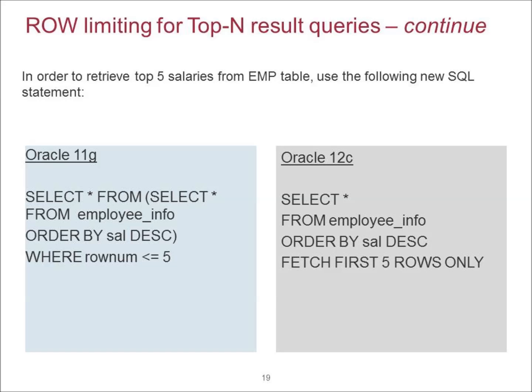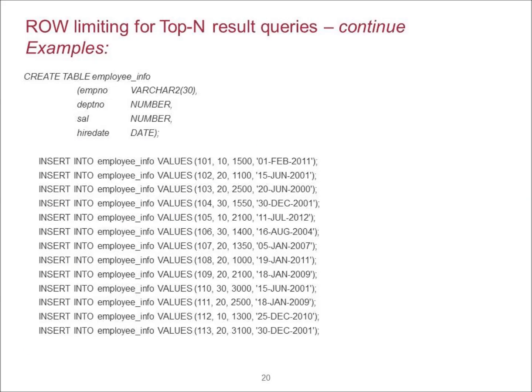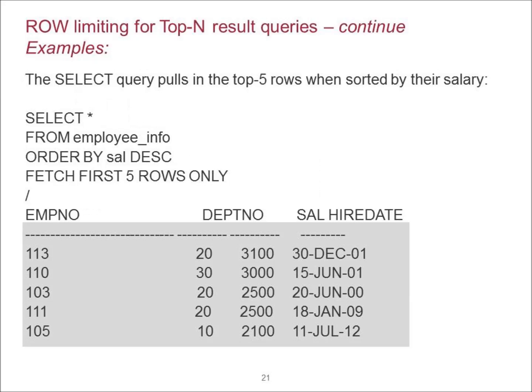Now let's look at an example. I'm creating this table called employee info, which has employee number, department, salary, and hire date. I'm inserting some data into this table, a bunch of records. Now the first query: I want to retrieve the top 5 rows sorted by salary.